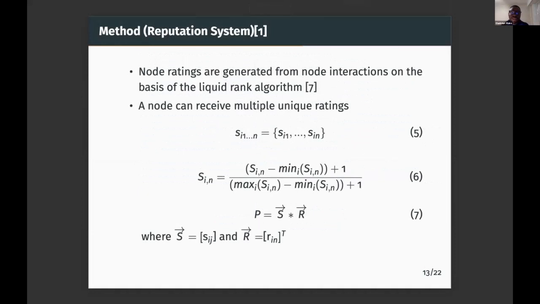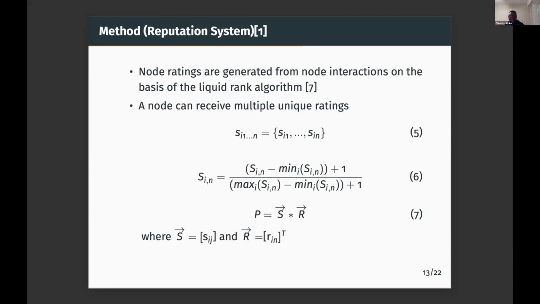So to the reputation system, each node, the node ratings are generated from node interactions on the basis of the liquid rank algorithm. And a node can receive multiple ratings for each time window or for each period.